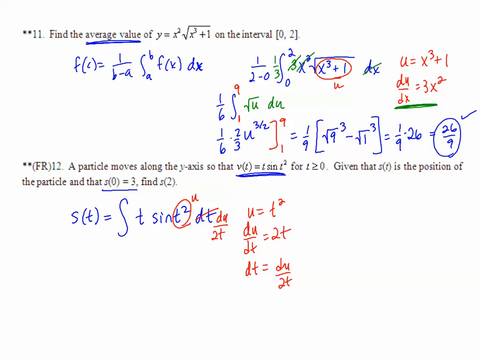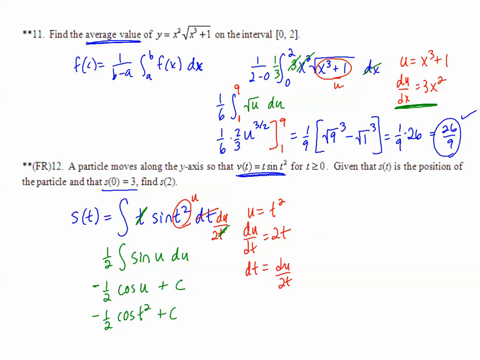I see the t up here, gets rid of that one. Good news. Don't forget about the half. Pull it out. 1/2 integral of sine of u du, or taking the antiderivative, 1/2 negative cosine of u plus c, and then plug the u back in. So -1/2 cosine of t squared plus c.